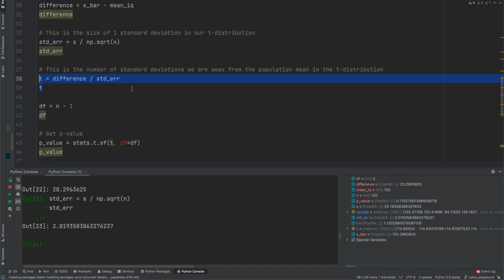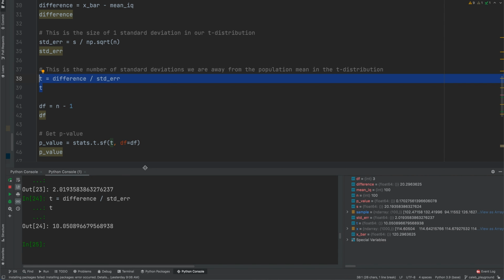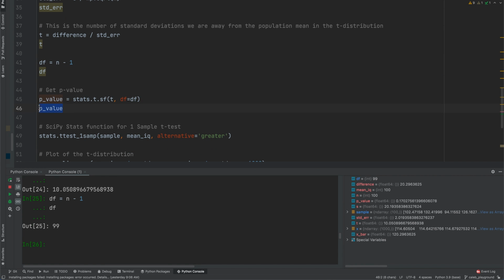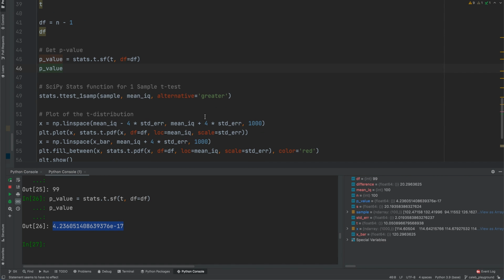So our t statistic here, how far away in standard deviations in the t distribution we are, is 10 standard deviations above. That is a big, big, big difference. And you'll see that again in the p-value here, which is going to be very, very, very small. Basically 0, right? And so I'll show you what that ultimately ends up looking like.